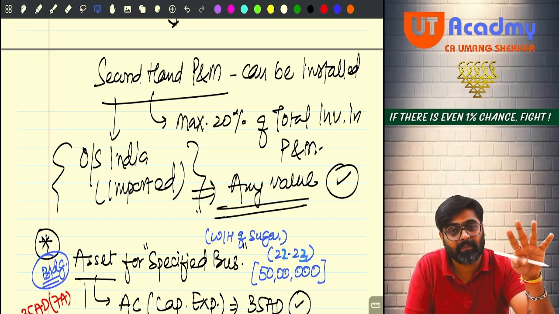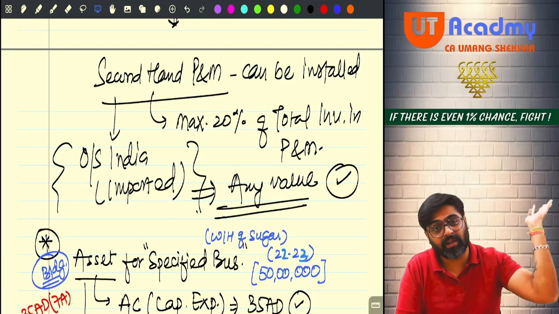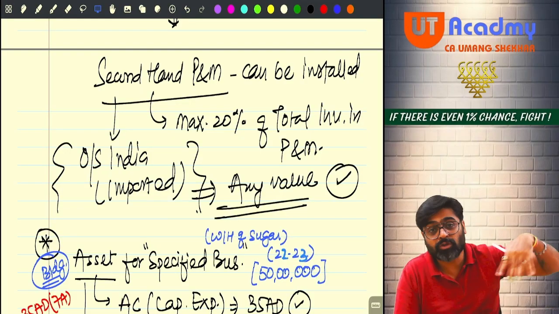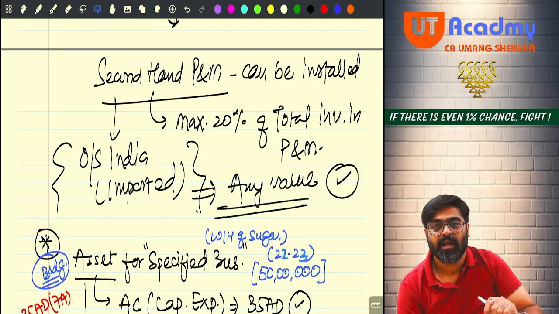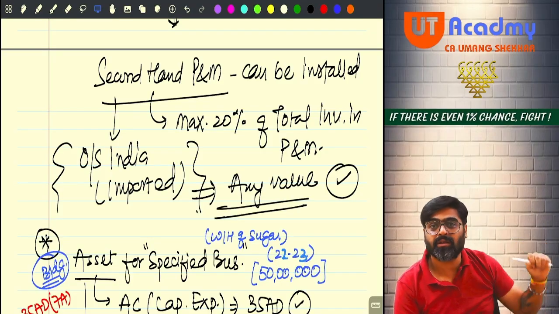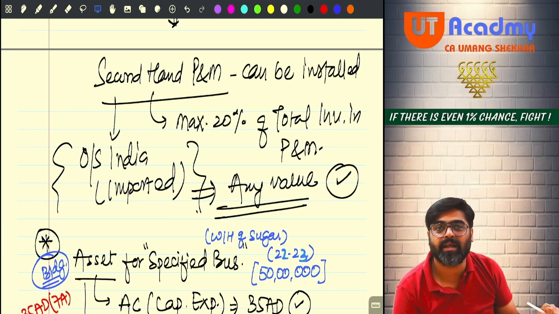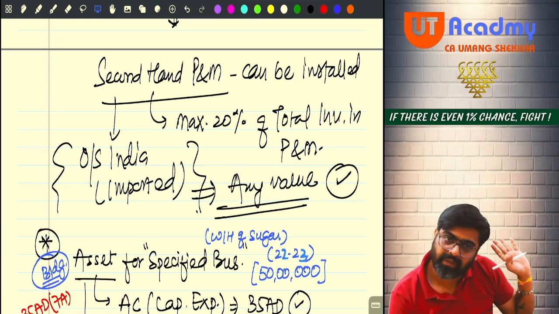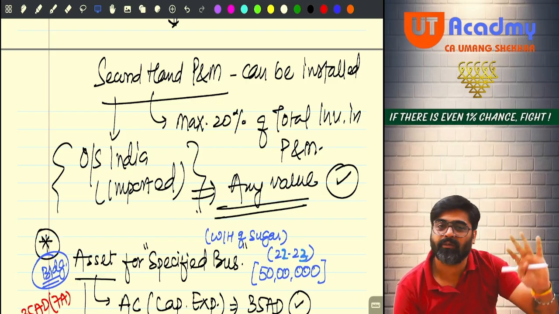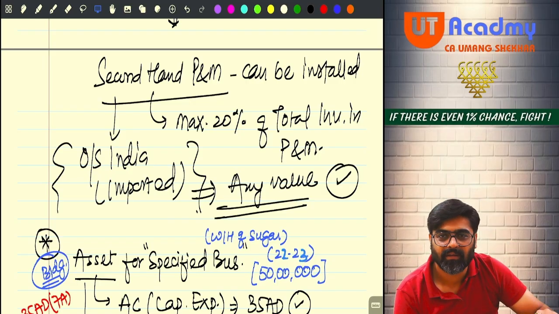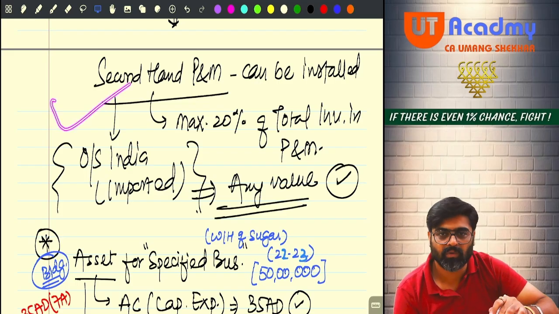And by the way, second-hand plant and machinery imported from outside India, used by some other person, now used for the first time by you in India, and for which no deduction to that other party was allowed under the Income Tax Act, is as good as new for you. That will not be treated as second-hand. Getting my point? That is allowed.